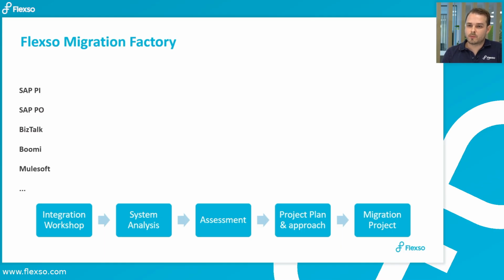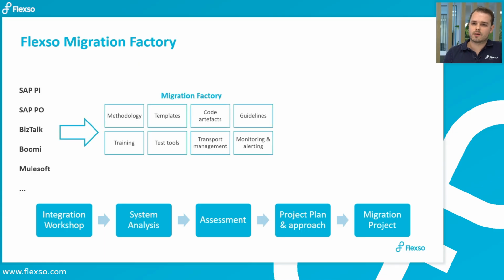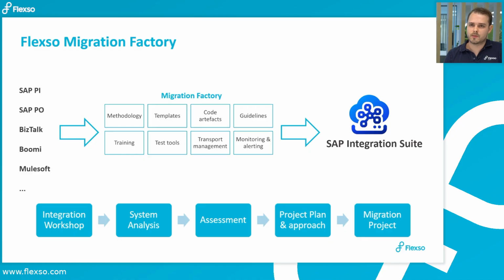After this, we come up with a project plan and a migration approach, and only after this step, we actually start with the actual technical migration, let's say. Now, for all these steps, we have guidelines, templates, documentation, technical objects, and suggestions for systems to use aside from Integration Suite. And the goal is, of course, to get to Integration Suite as smooth as possible.